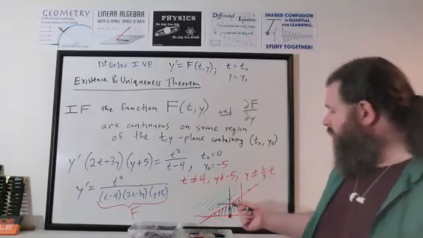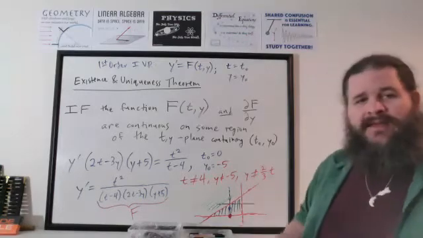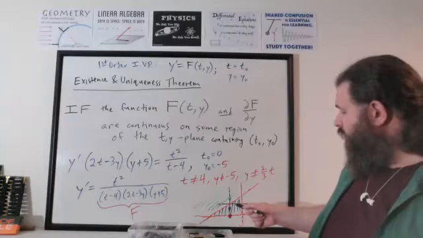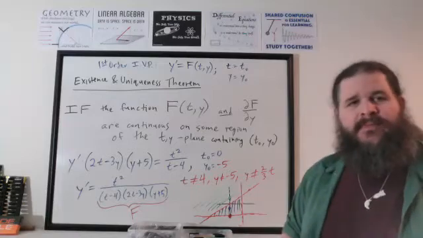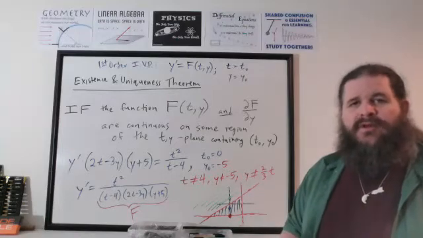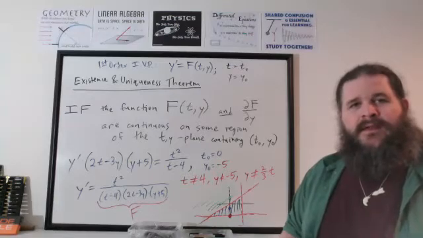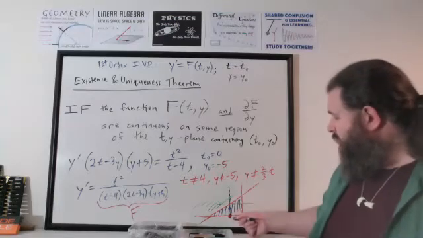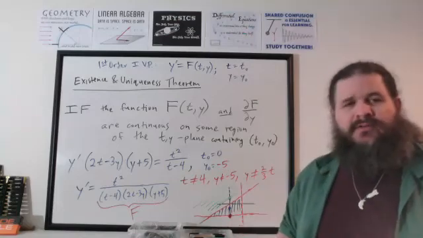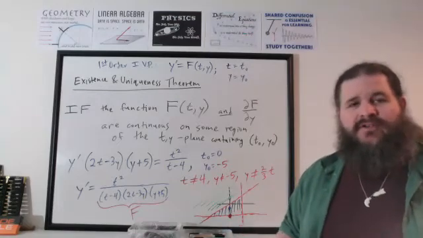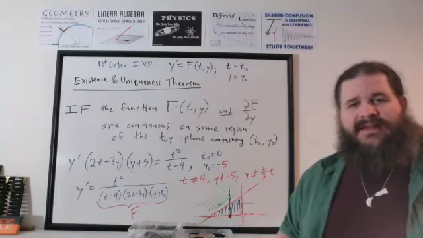That allows you to carve up the ty plane or xy plane or whatever variables you're using into regions of continuity. And whatever one of those regions the initial value is in, that's the region where you can guarantee there's a unique solution. Or if the initial value is on one of the discontinuity regions or one of the lines or curves of discontinuity, that means you can't guarantee anything.